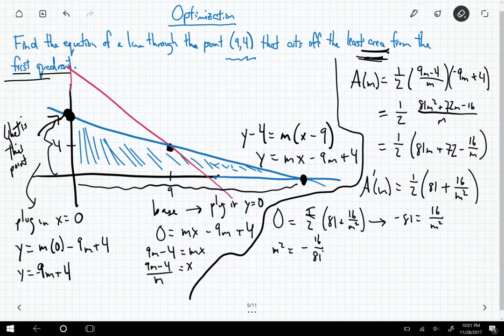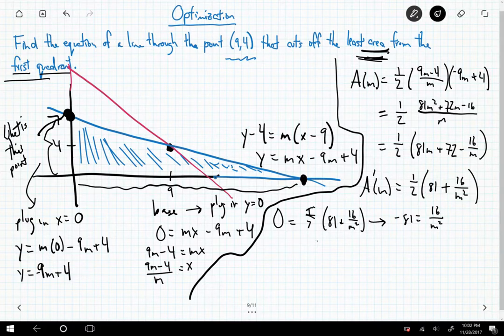The reason I think I made a mistake is that notice you have m squared equals negative 16 over 81. You can't take the square root of a negative number. So I might have made a minor error in some of the simplifying here. So just let me double check real quick. Where did that occur? And this is good to see because it does happen. We have these little minor algebra errors.